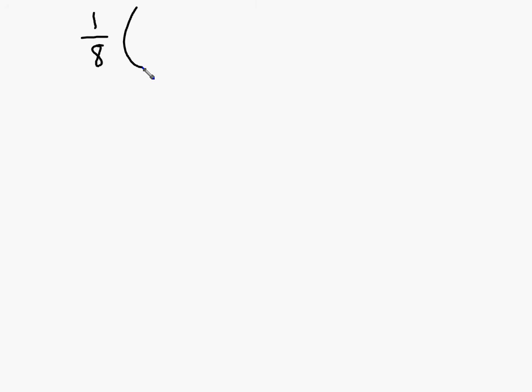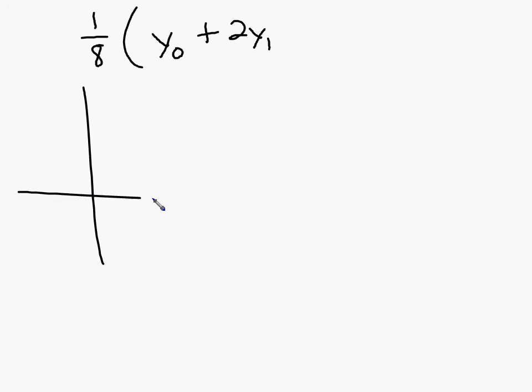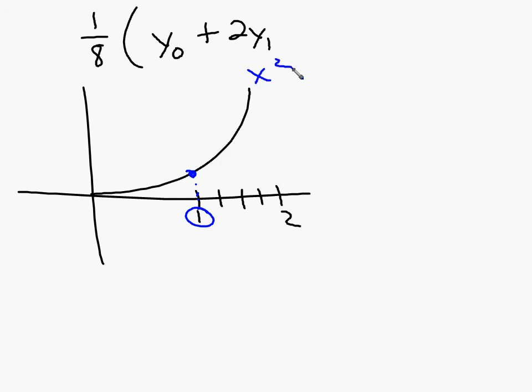But now I need all these y values. Well, how many do I need? Well, we're doing x squared from 1 to 2 with 4 intervals. So the y sub 0 is going to come from putting 1 into the function, and my function was x squared.